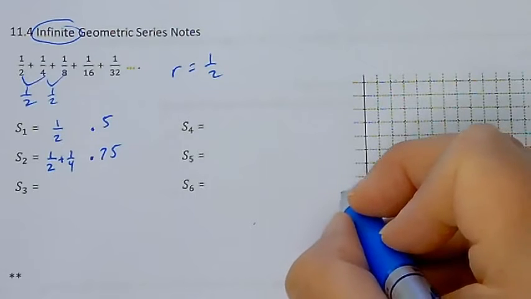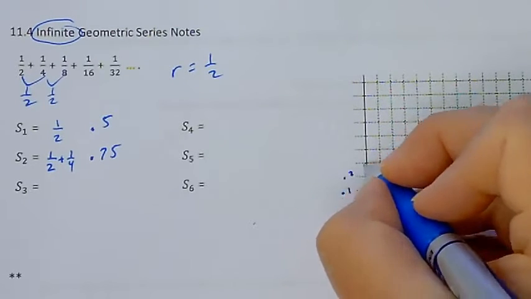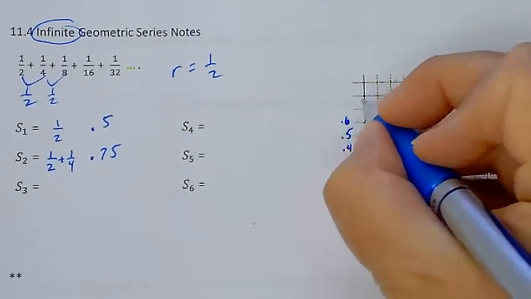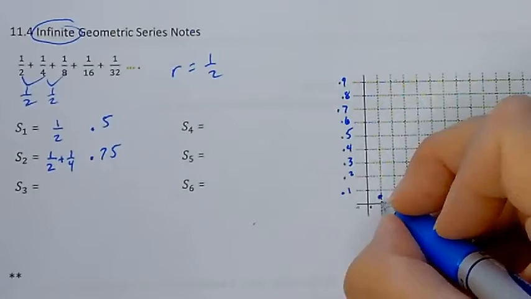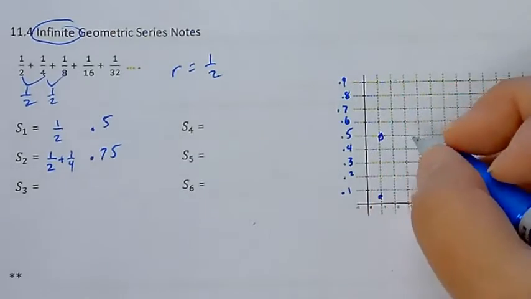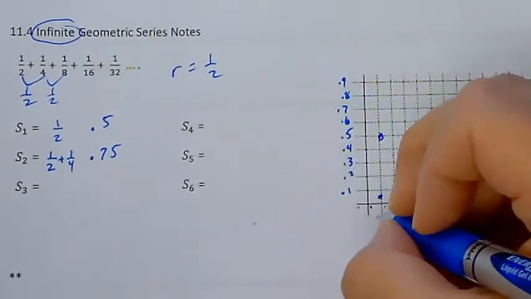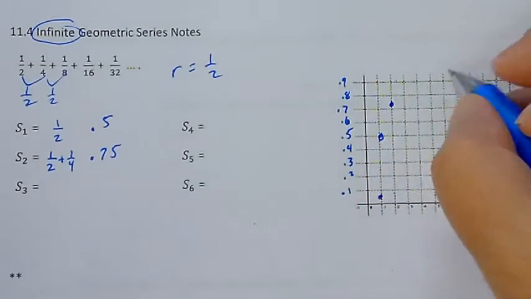I think I'll make these decimals, so instead of 1, I'm going to make this 0.1, 0.2, 0.3, and you'll see why in a moment. At one term, we're at a half, right here. When we add the two terms together, we're at 0.75, so that would be about right here.